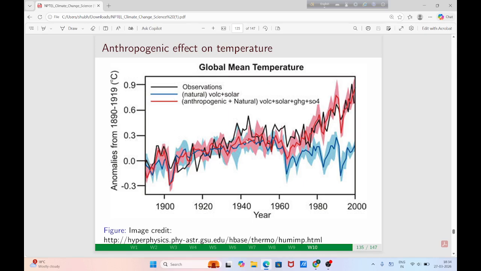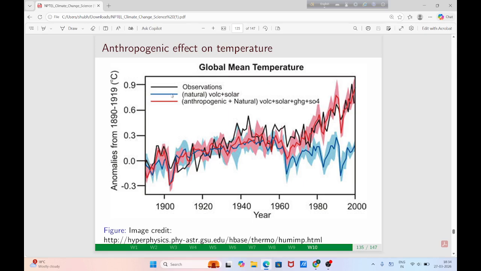The blue one denotes the natural modeling, or the modeling due to natural activities, which is volcanic, solar, and sulfur dioxide. What is this? Sulfate? No, sulfate is for anthropogenic. Anyways, volcanic plus solar activity.